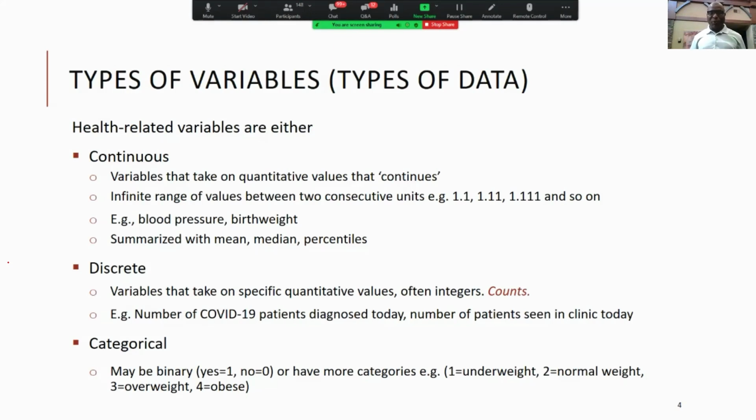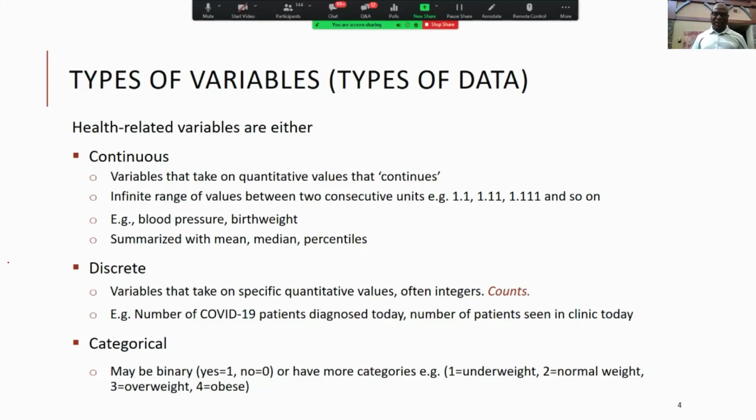Sometimes what you can do is to categorize it and say 3.5 to 4 is one category, 4 to 4.5 is another category of birth weight, 4.5 to 5 is another category. So even though the underlying variable is fundamentally continuous, you can create categories out of it.